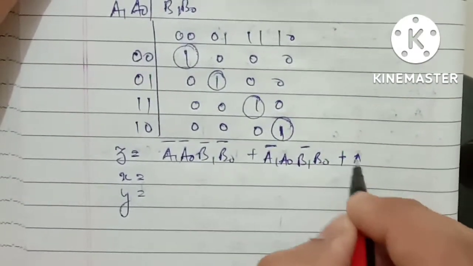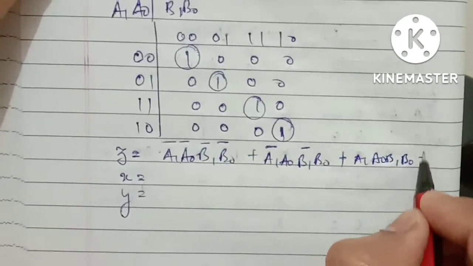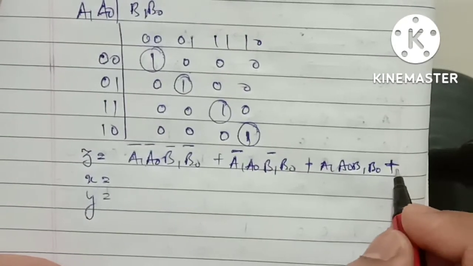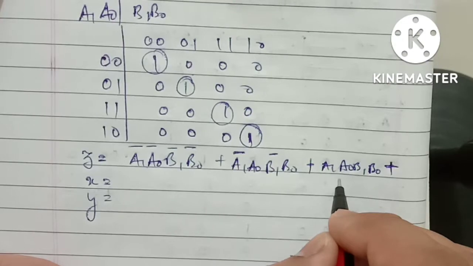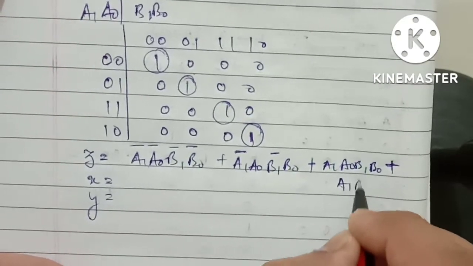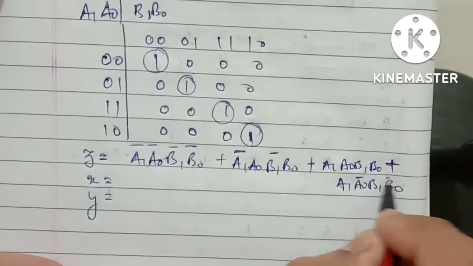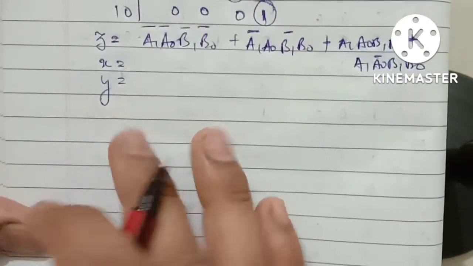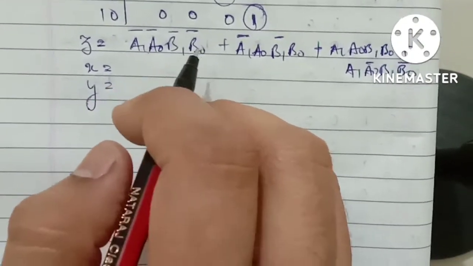Same for this a1 a0 b1, and here I am writing a1 a0 b1 b0, and directly we will get the answer. This is how we can write the K-map equation.